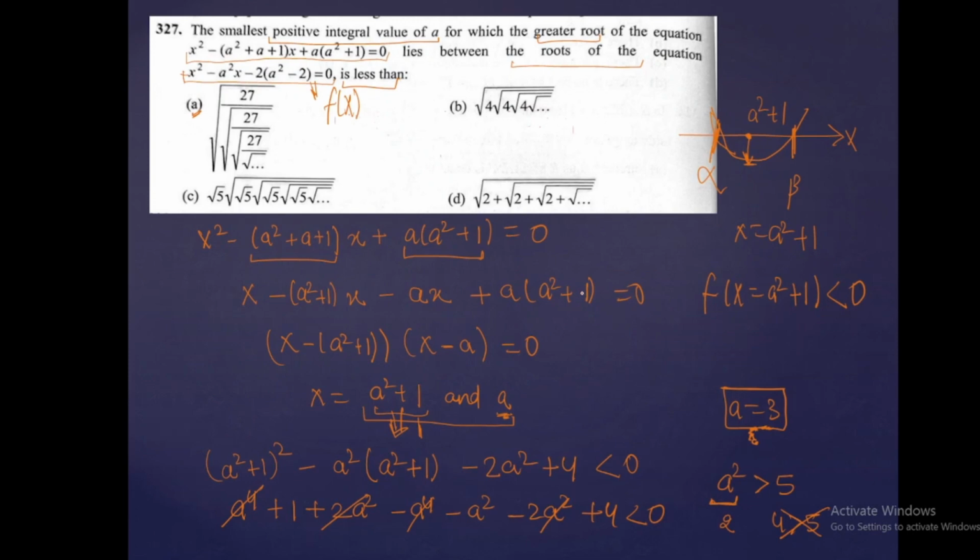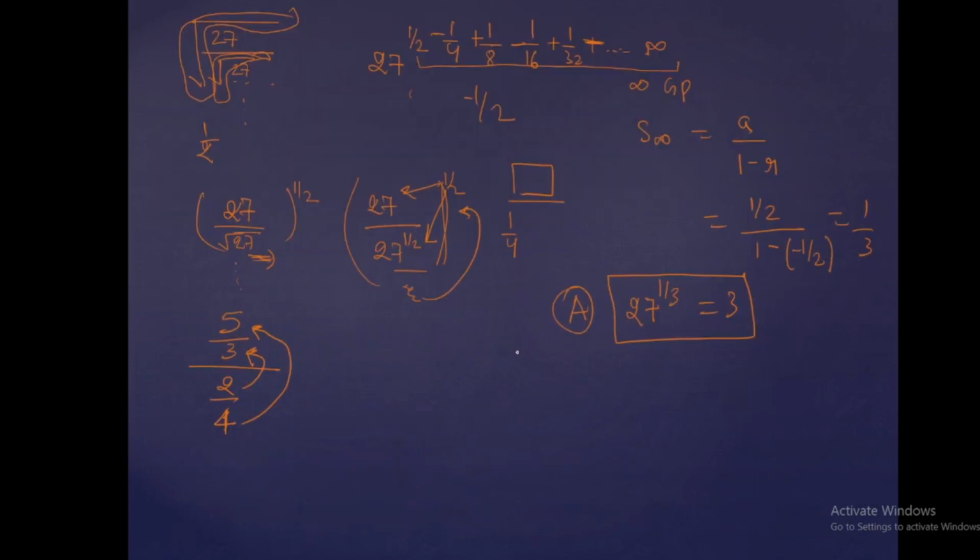Let's first simplify the options again. Now we have this 4 raised to, like it is going 4 raised to 4 raised to, and this is going to infinity. So again, on this 4 how much power do we have? It is 1 by 2.